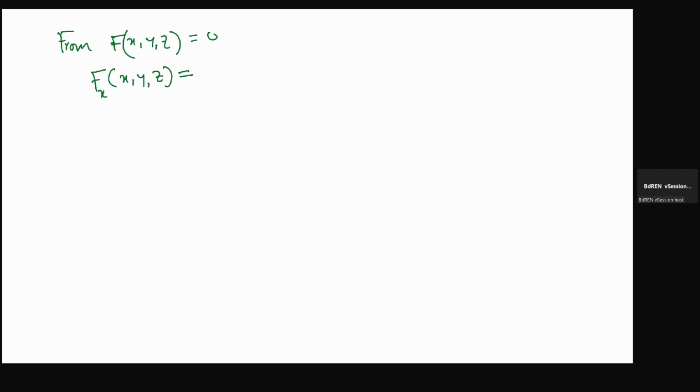Look at that, the first term is z, so that should be 0, because we know capital F was z square minus 2x square minus 2y square minus 12.